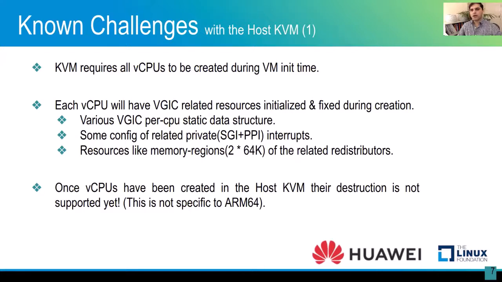For example, each vCPU will have VGIC related resources initialized and fixed during the creation, and various VGIC per-CPU static data structures, for example, need to be initialized early. Some config of the related private interrupts, for example SGIs and PPIs, also need to be present at the time when the CPUs are created. So they get initialized at that time, right?